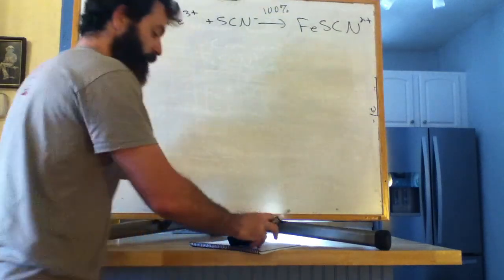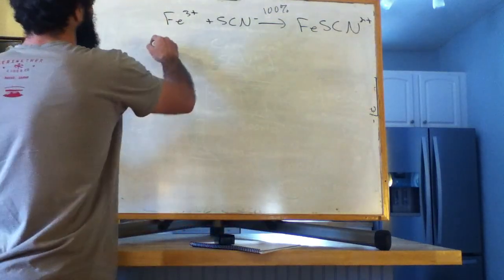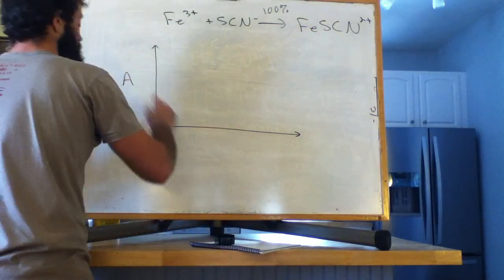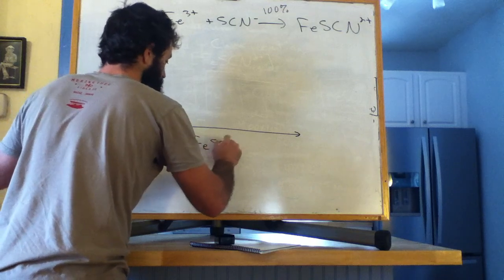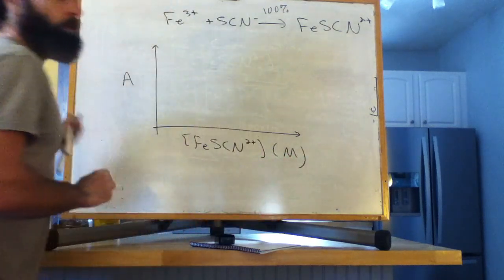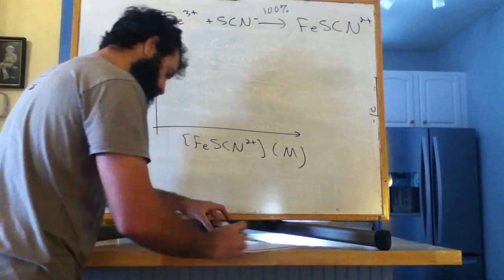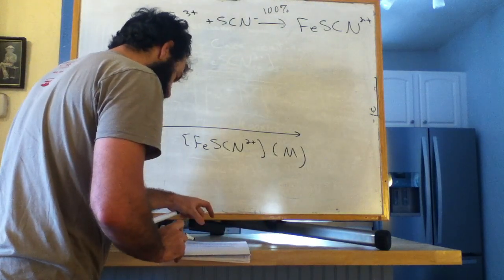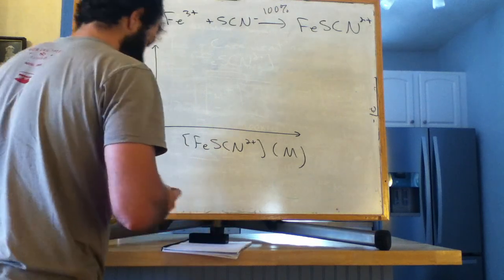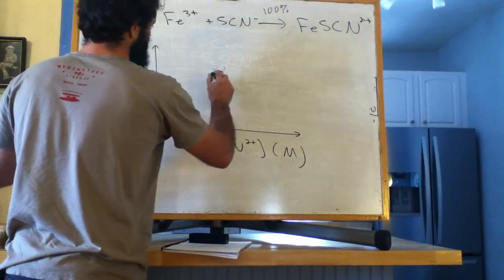To find the relationship between absorbance and concentration, we are going to make a calibration curve. We should have, I think, how many? We got 5, but the first one doesn't have any product. So really we're going to have essentially 4 data points.